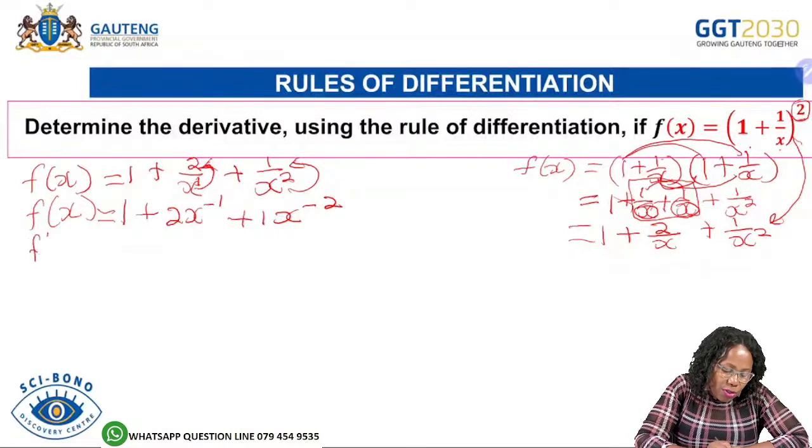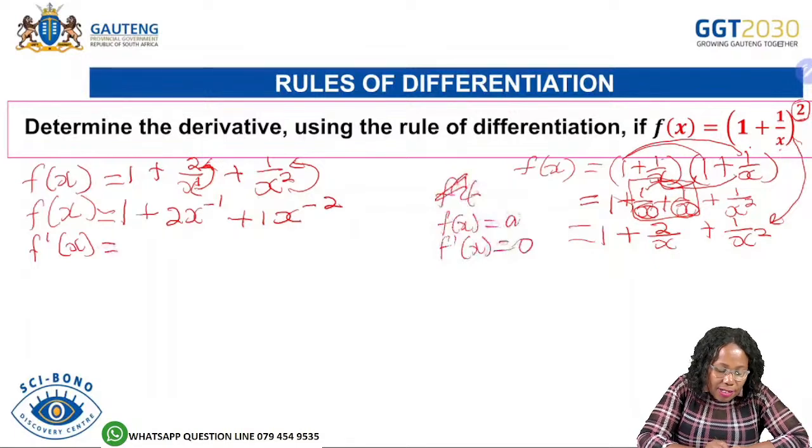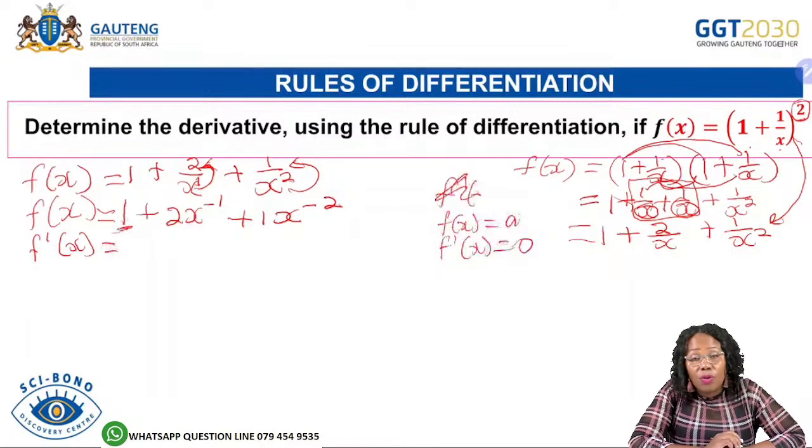Remember the first rule that says that if f at x equals a, your derivative will be equal to 0. That means the first number here is a constant value, therefore this will give us derivative 0. There's no need to write that, grade 12. We know if you don't write anything, you mean your answer is 0.